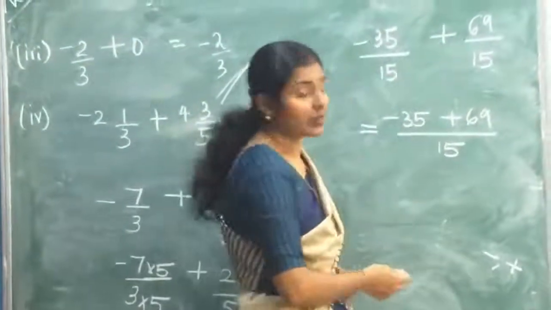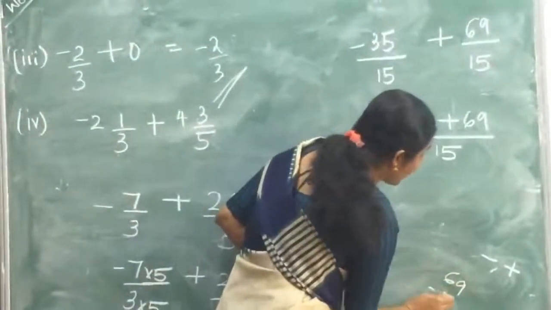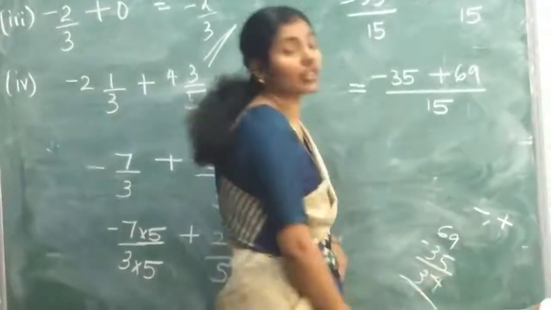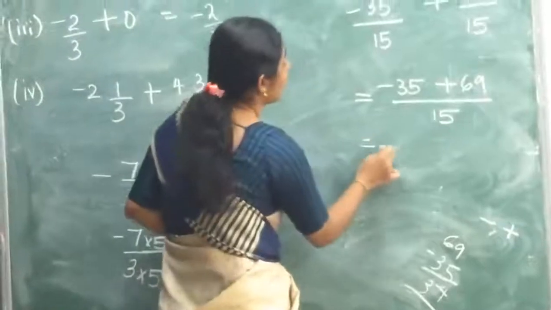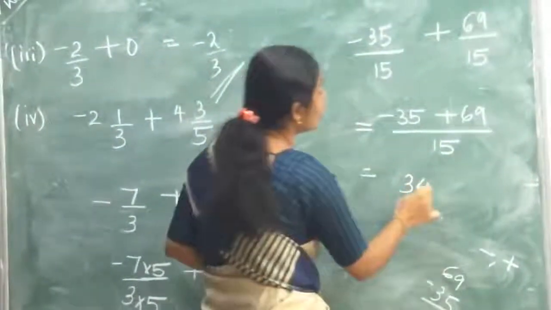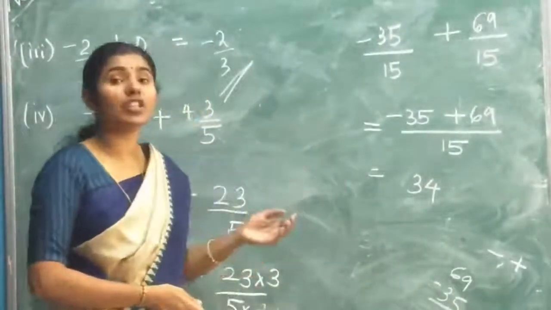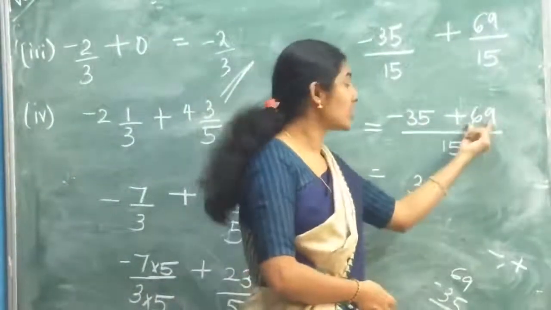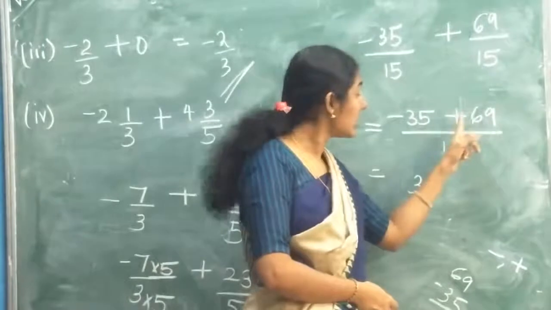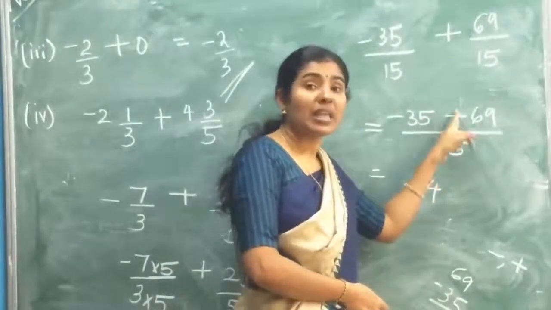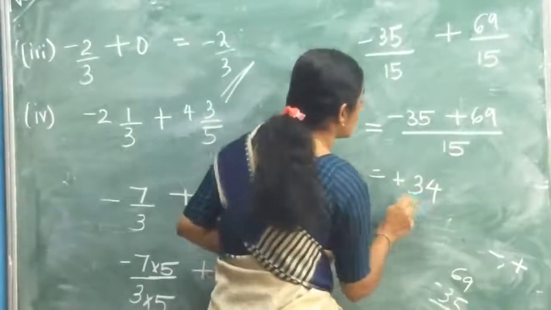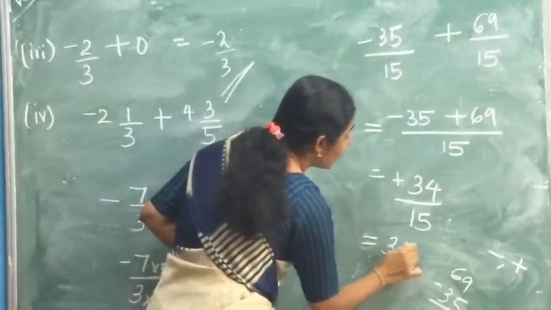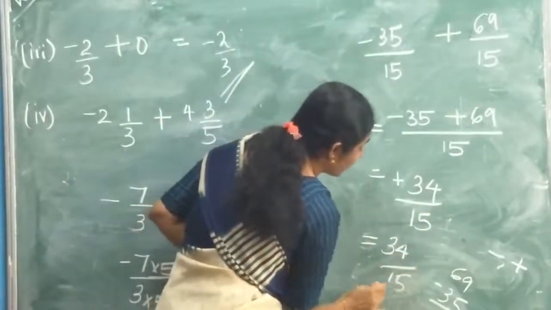Subtract the numbers. What is 69 minus 35? 34. And you should give the sign of the largest number. Which is the largest number, 35 or 69? 69 is the largest number. Which sign have they given? Plus sign. So this is plus 34 by 15, or 34 divided by 15.